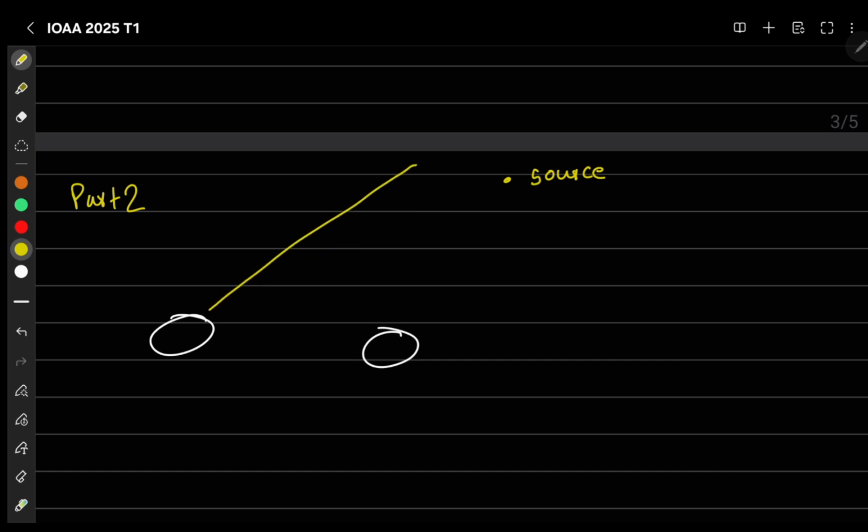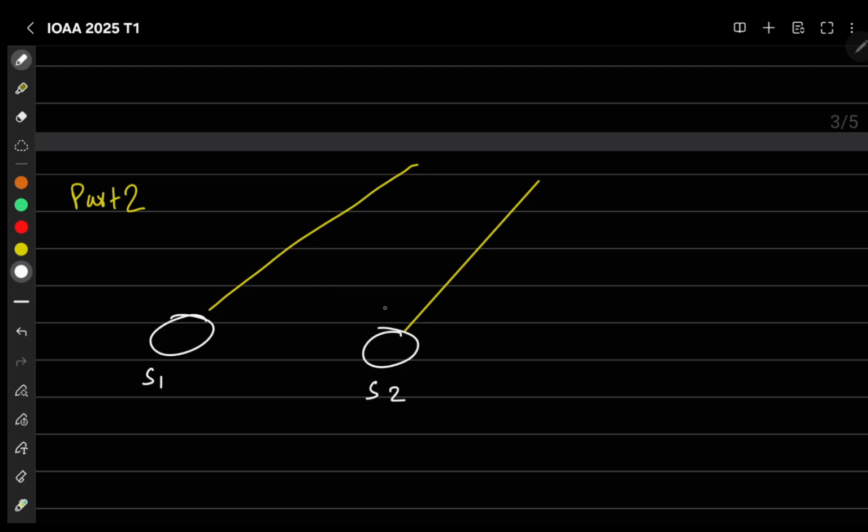This is my electromagnetic radiation from the source, and the source is presented here. It's very far away, so the electromagnetic radiation is parallel, so it comes from very far away. This is S1, this is S2, and as you can see there is some delay.